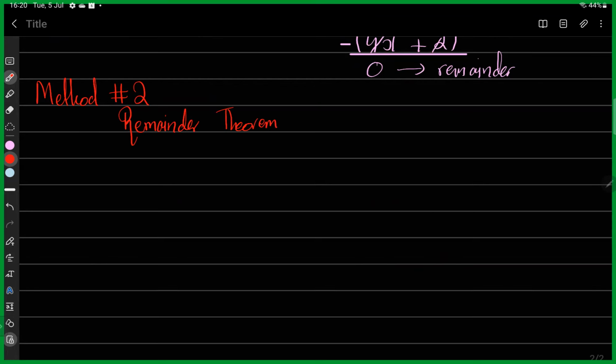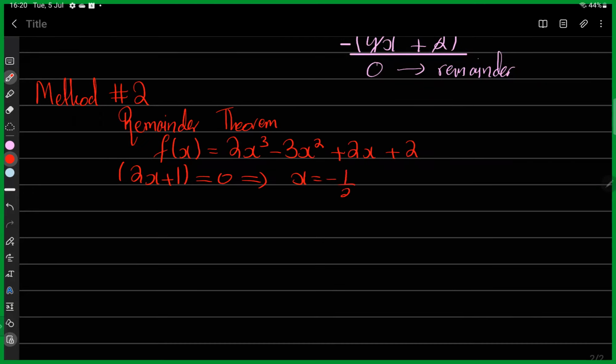The function or the polynomial was f of x equals 2x cubed minus 3x squared plus 2x plus 2, and the divisor was 2x plus 1. I need to equate it to 0, and this would give me x equals minus 1 by 2.